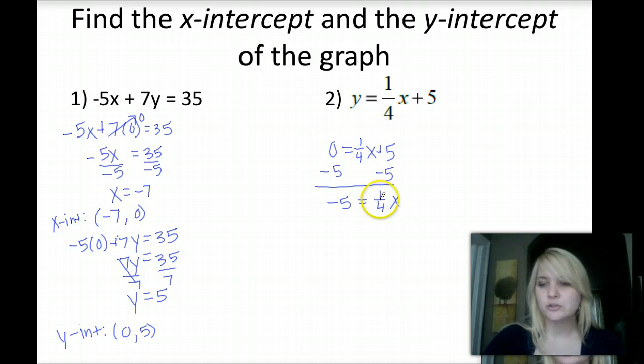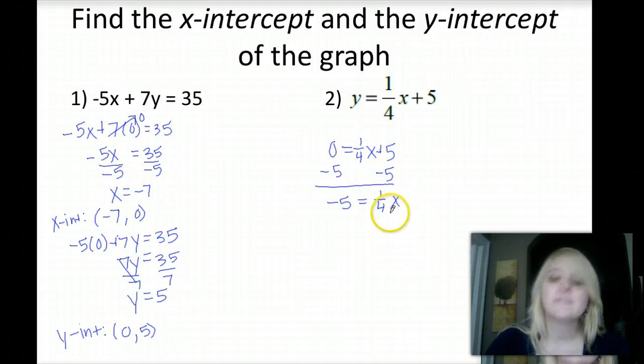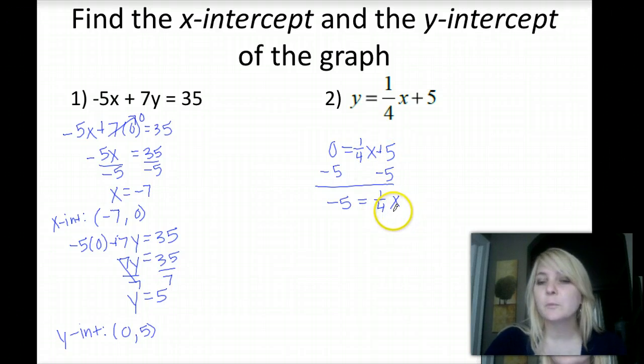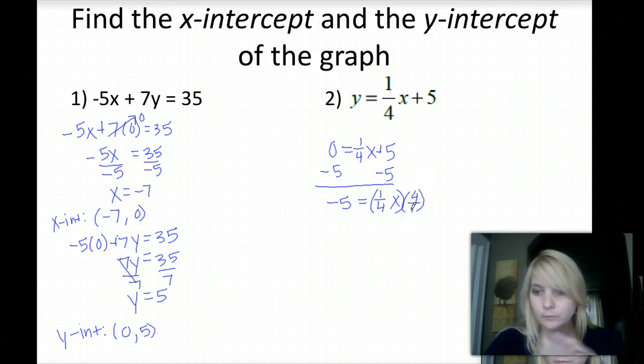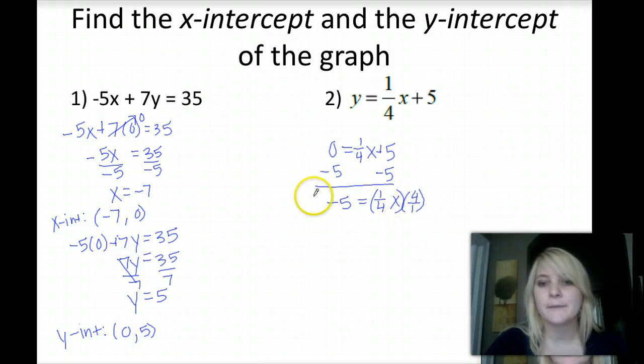Now here there are two approaches you can take. We have the coefficient of x, the number in front of x, is 1/4. Since we're multiplying by a fraction, we can multiply by the inverse, and that will divide that fraction to 1. So instead of multiplying by 1/4, I can multiply by 4 over 1, the reciprocal, simply switching the numerator and denominator.